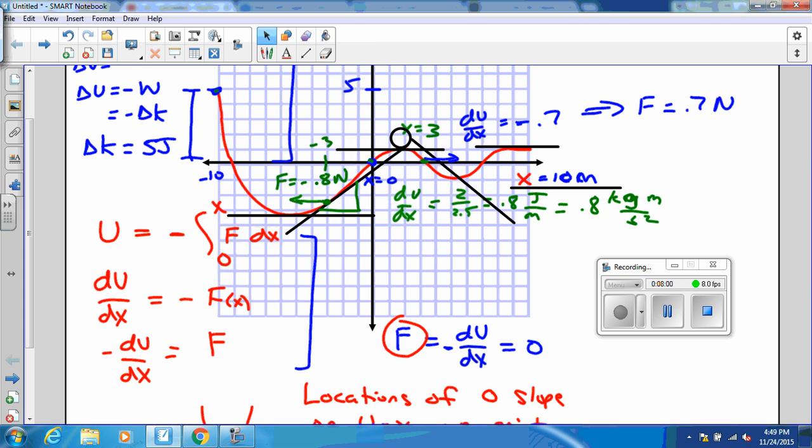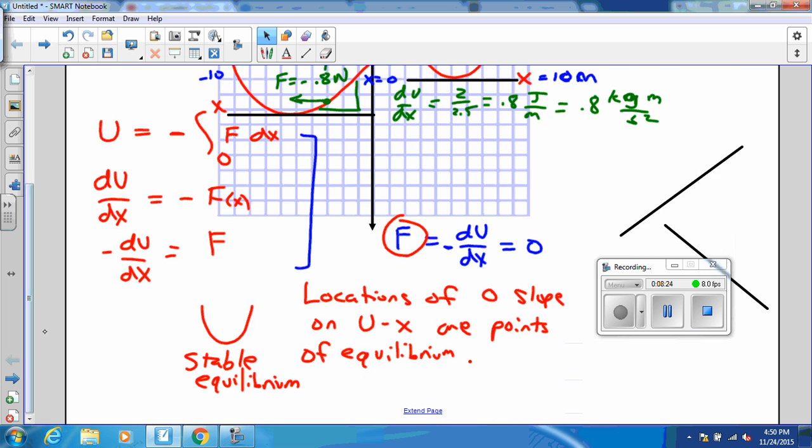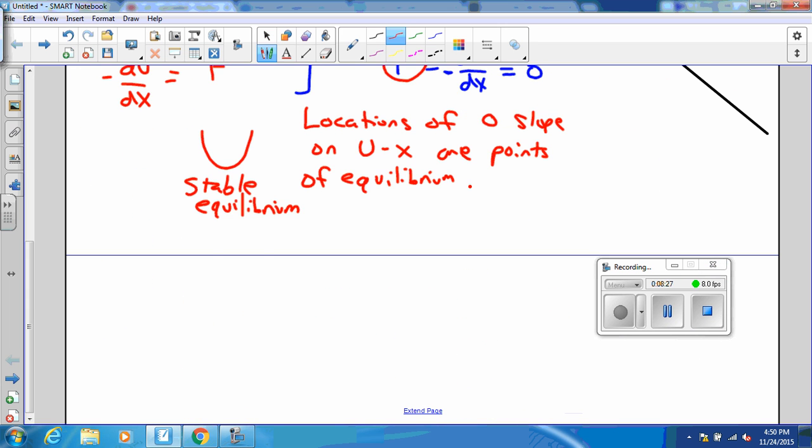By contrast, imagine that your object is up here at the top of this hill. Let's get some of our slopes out of the way so that they are not cluttered in the picture. If it's up on top of this hill and it is displaced ever so slightly in either direction, then it will experience a force sending it away from the point of equilibrium. If it's here and it's displaced ever so slightly here, it will experience a force sending it away from its point of equilibrium.